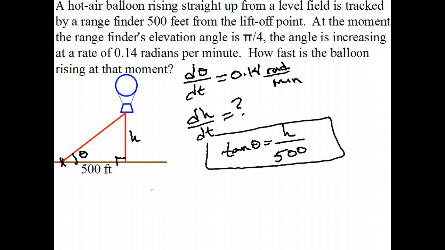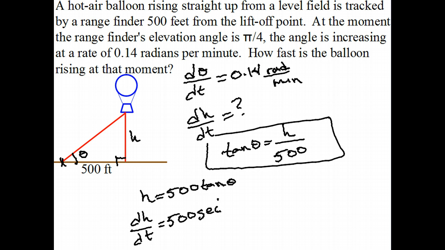So let's rewrite the equation and say that h equals 500 tangent of theta. And now let's take the derivative with respect to time. The next step is to take the derivative with respect to time of both sides. So that gives us dh/dt is equal to 500 times secant squared of theta times d theta/dt. And so at this point, all we have to do is evaluate the function at the appropriate point.